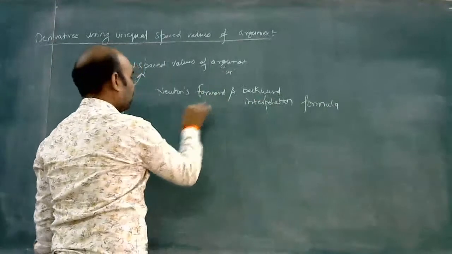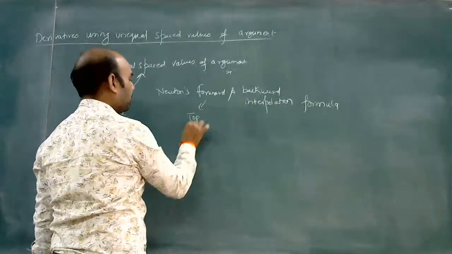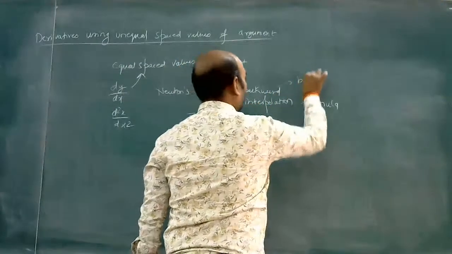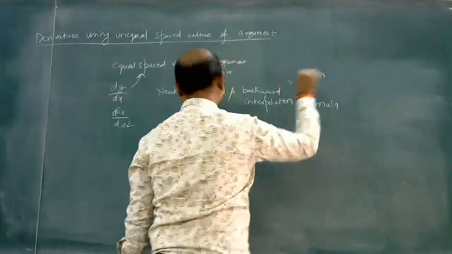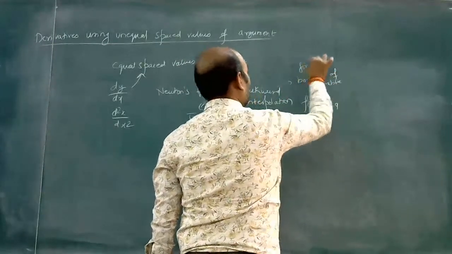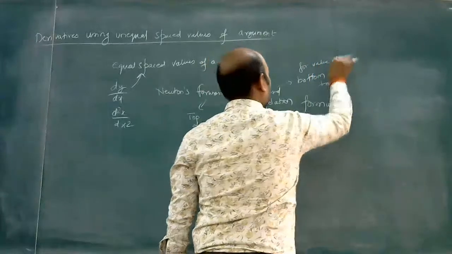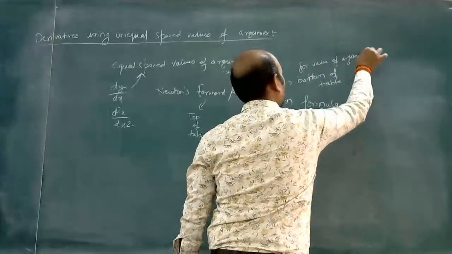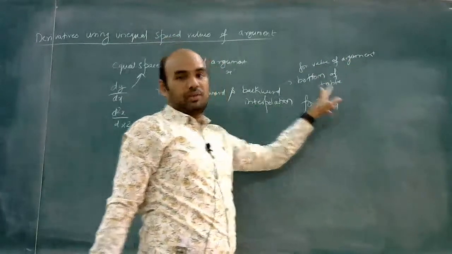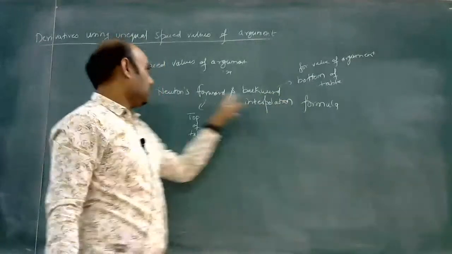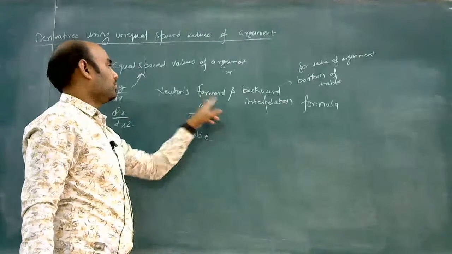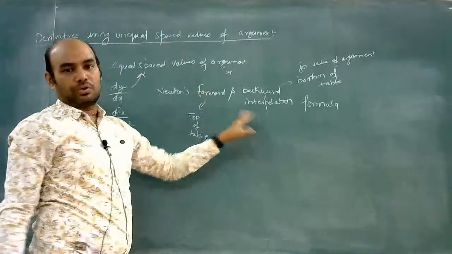So forward is for the value of argument at the top of the table, and backward is used at the bottom of the table. When the value of argument is given at the bottom of the table, we use backward interpolation, and when the value of argument is given at the top of the table, we use Newton's forward interpolation formula.